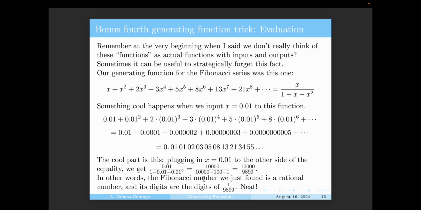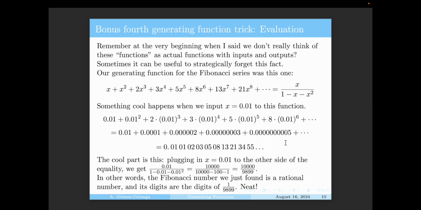In other words, the number that we just found, not a Fibonacci number but a number with Fibonacci digits, this guy right here, is actually a rational number, a fraction, and its digits are the digits of 1 divided by 9899. So if you just take 1 divided by 9899, you will get a bunch of zeros at the beginning, and then 01, 01, 02, 03, 05, and so on.